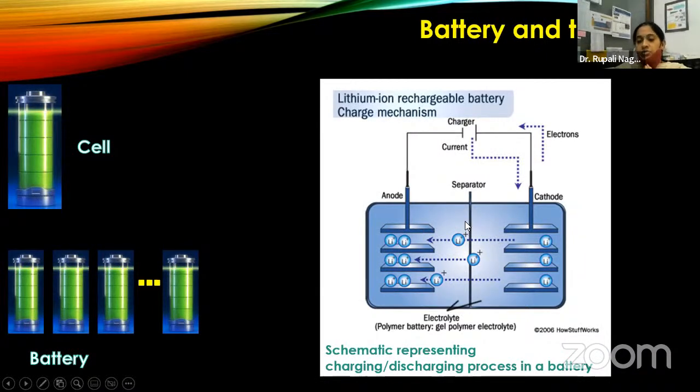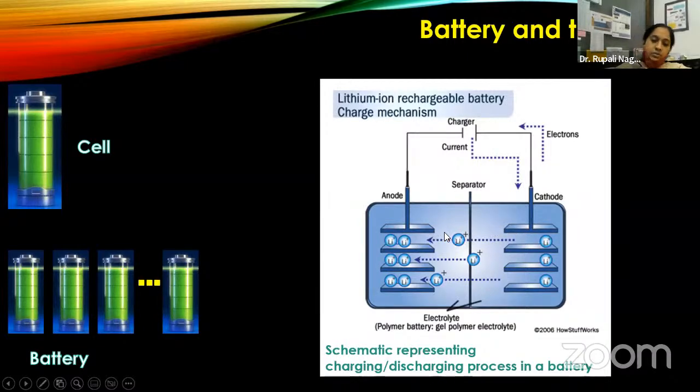But one thing we should not forget is, unless we create this separation of charges, that means ions are passing right to left and electrons are passing through the external circuit, we will not be able to extract any energy out of it. If electrons also flow through the separator, we are just creating a short between the two electrodes.